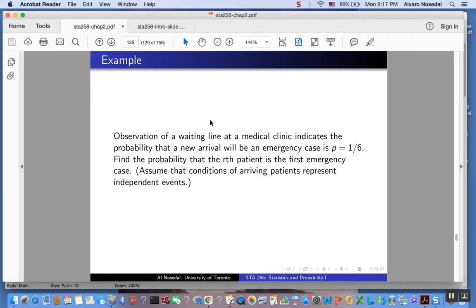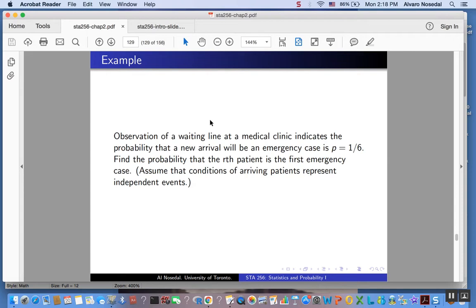So, we have a medical clinic and we want to study a waiting line. According to the records of this clinic, the probability that a new arrival is an emergency is 1/6.